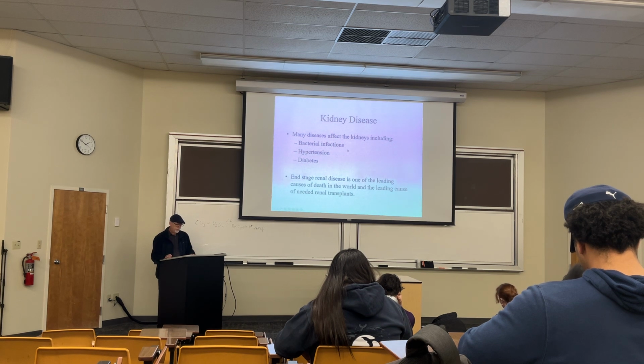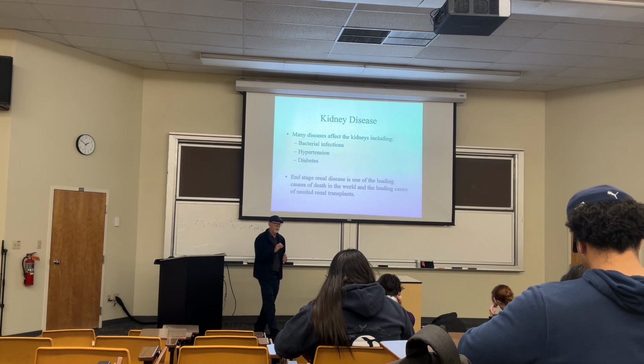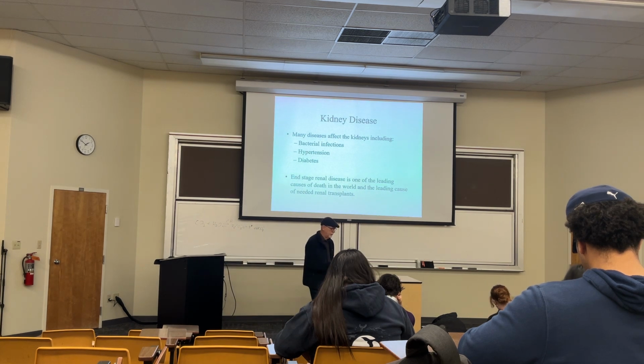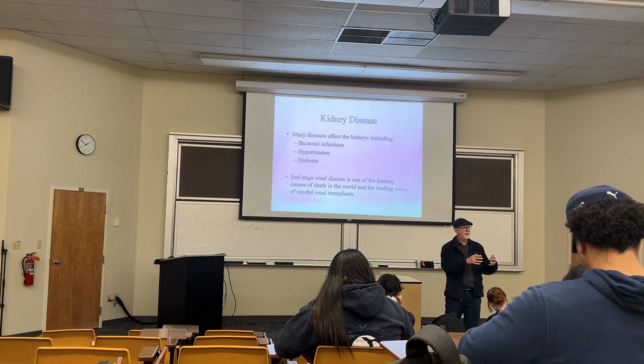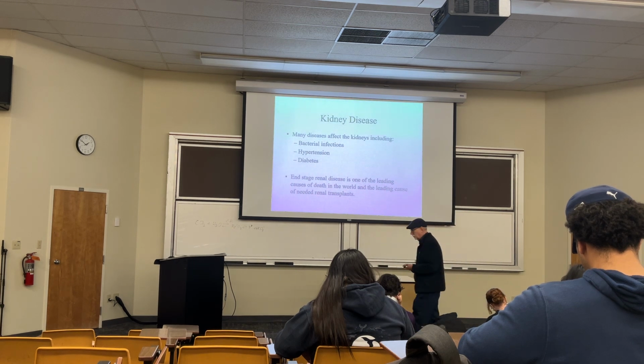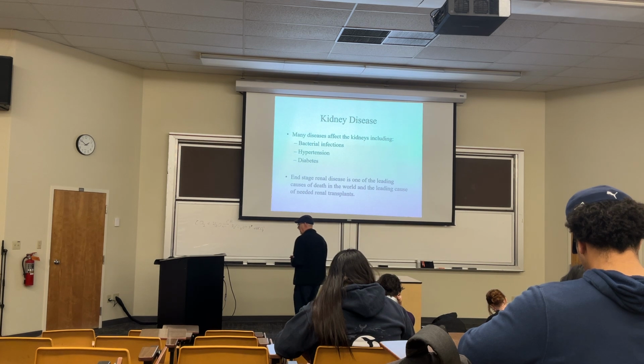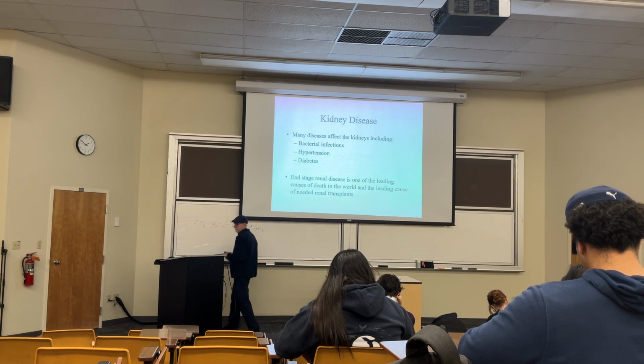What other causes of kidney problems do we have? Of course, we're going to have problems if you have hypertension too long, diabetes too long. That's these here. Hypertension will break down your filtration barrier over time. Diabetes will mess up the endothelial lining of your blood vessels, including your glomeruli capillaries, and that will cause the problem.